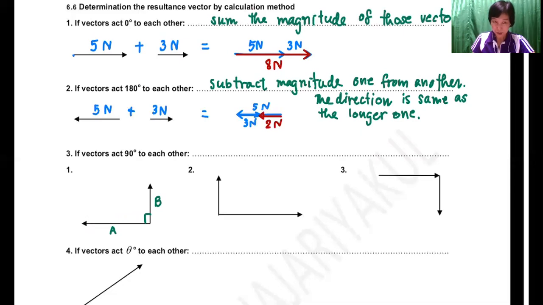From the previous study, from the drawing method, you know that if we have vectors like this one, we can draw the resultant because their tails are at the same point. So I will draw a parallelogram from these two vectors.